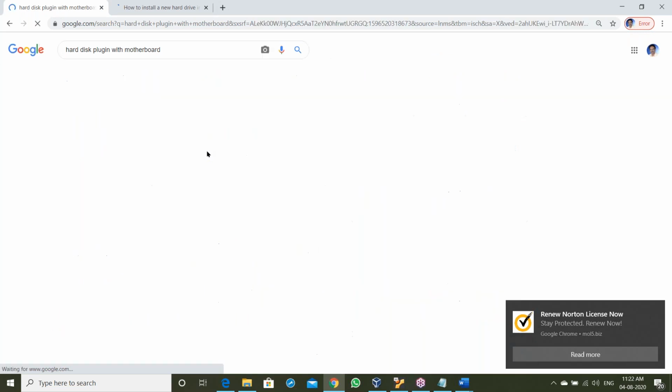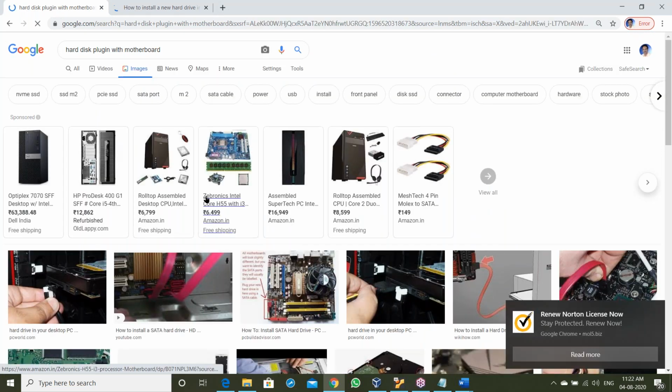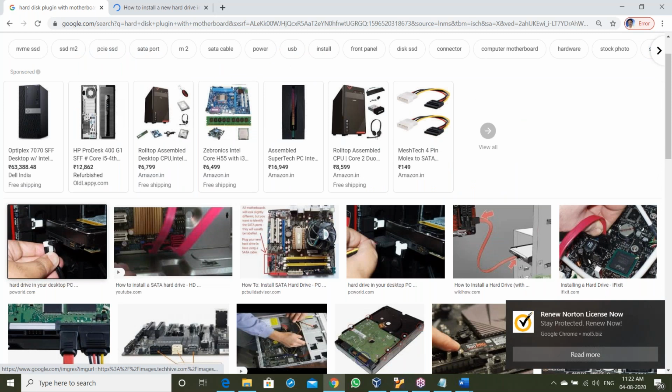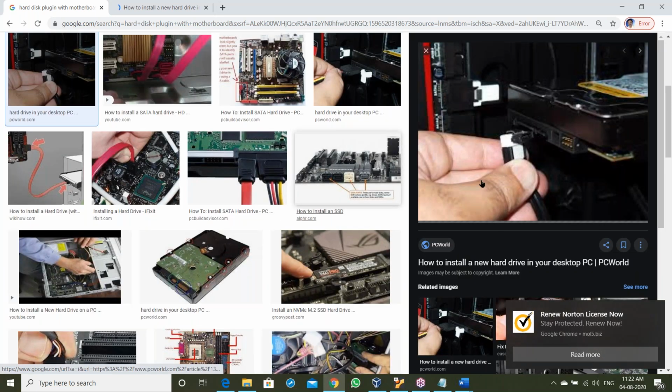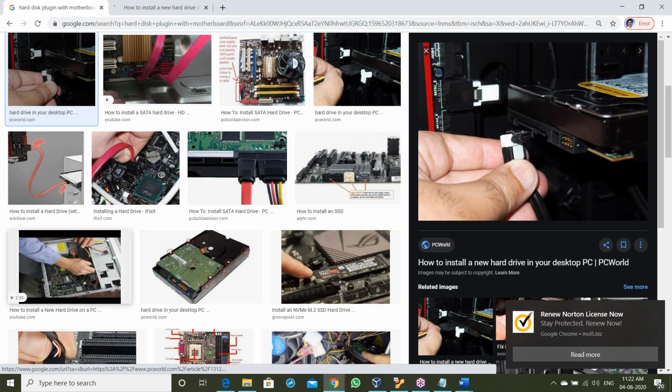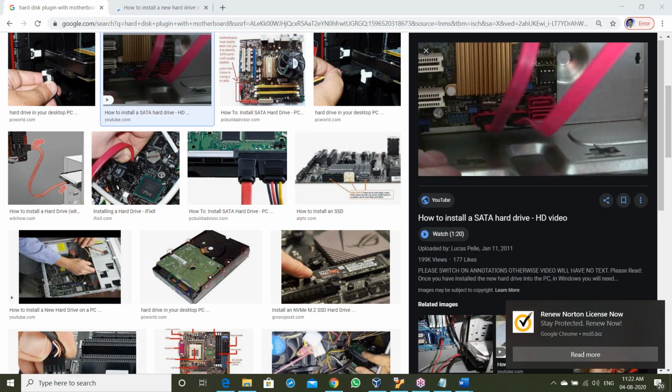One second, images. See, these are the things you can see. This is the hard disk plugin.